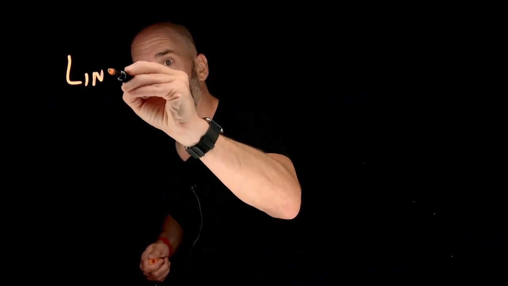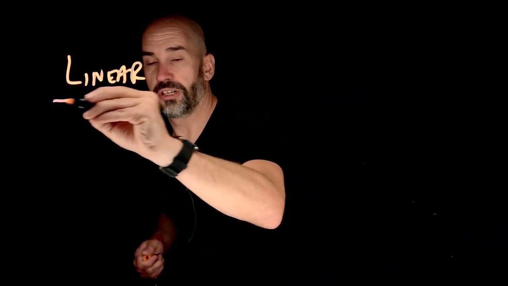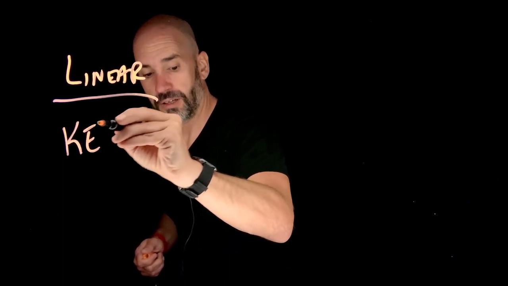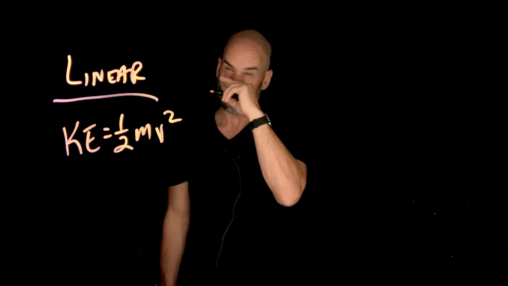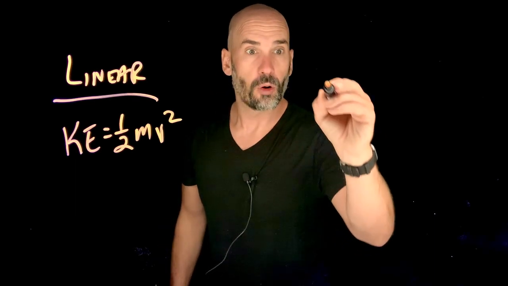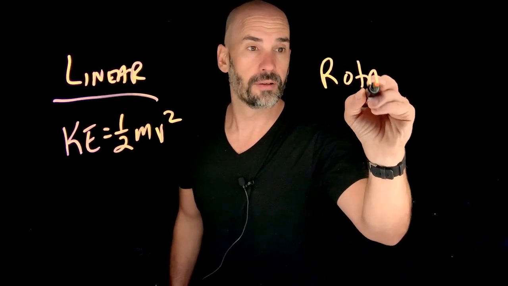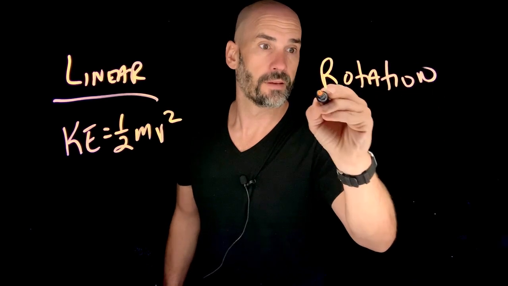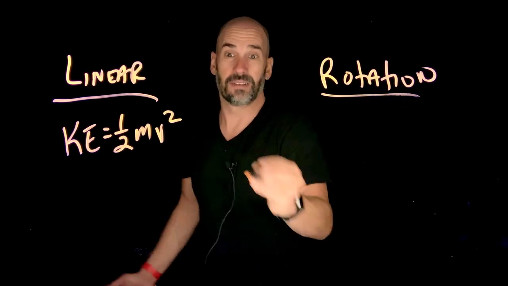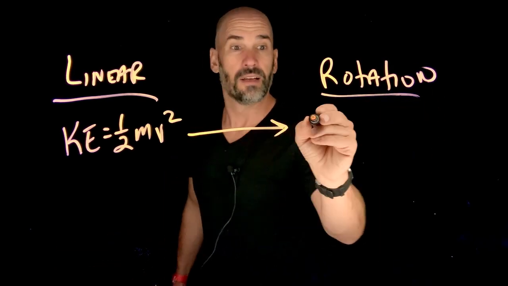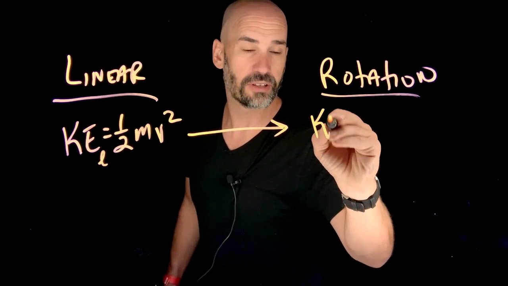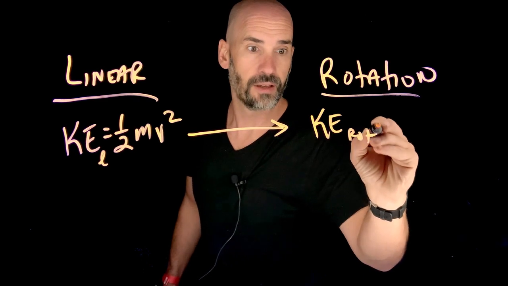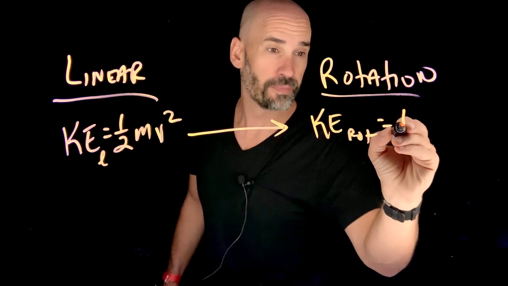So in the linear, or translational, world, kinetic energy is, of course, just 1/2 mv squared, right? And in rotation, you could probably guess, going from here to here. So this will be linear kinetic energy, and rotational kinetic energy is going to be 1/2.